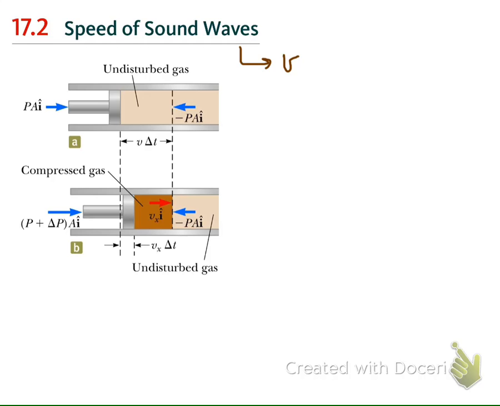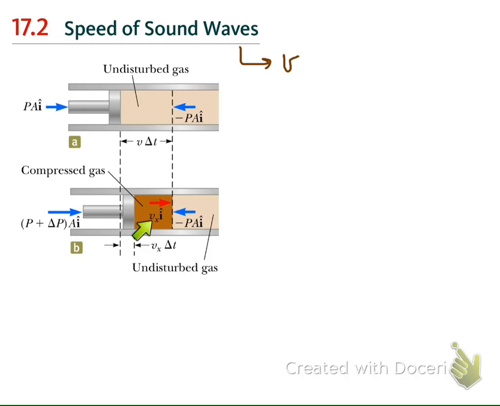But if we consider the very small element of the medium, which means that if we take delta t to be very small, we can approximately assume that every molecule in this element is disturbed by the piston and moves to the right with the same velocity as the piston.